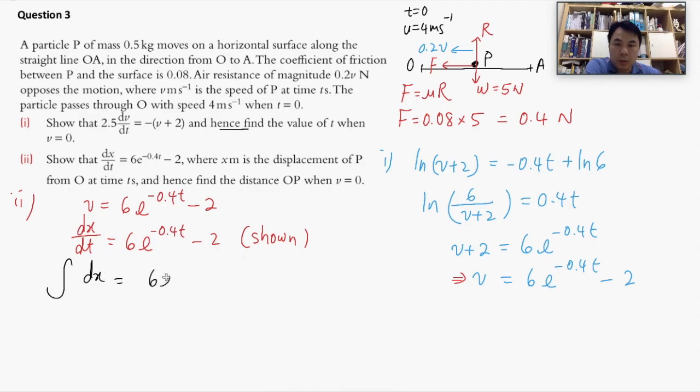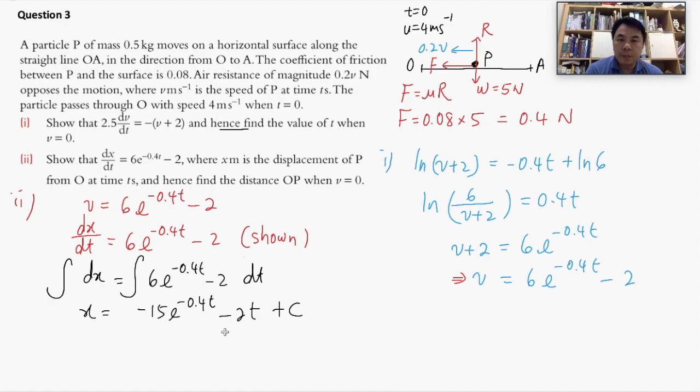We have the integral of 6e^(-0.4t) minus 2 dt. So here we have negative 15e^(-0.4t) minus 2t, plus c.